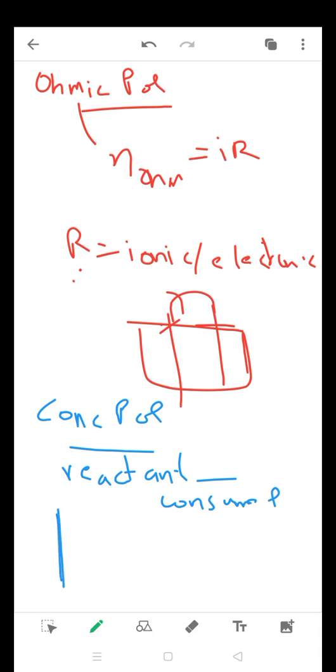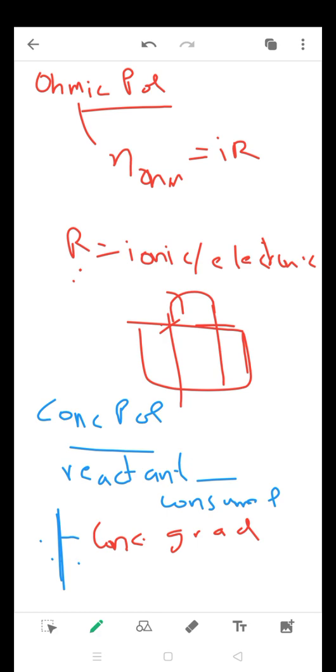So this is the electrode, and the reaction has taken place, which has caused a lowering of the concentration of the fluid surrounding it, and the surrounding materials are not able to maintain the concentration due to the consumption of the reactant. Then a concentration gradient is formed, and this is basically called the concentration polarization.